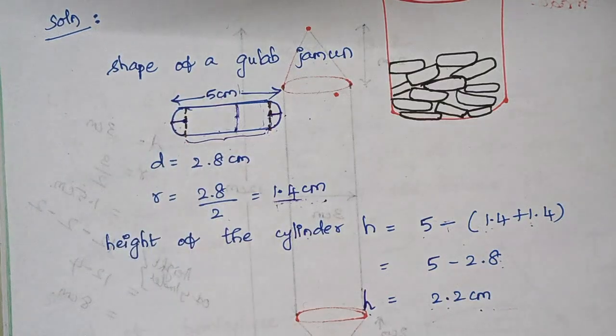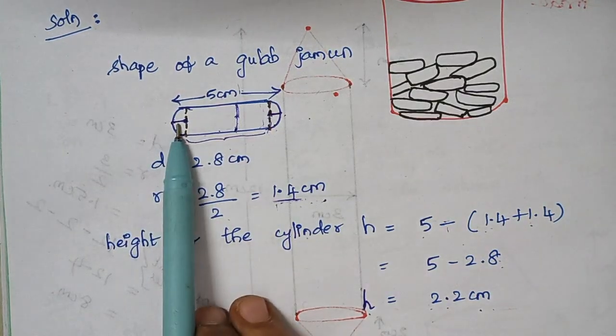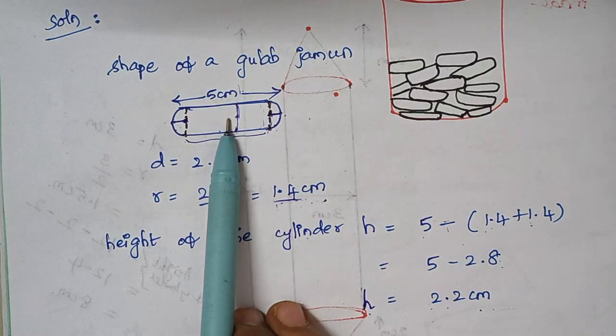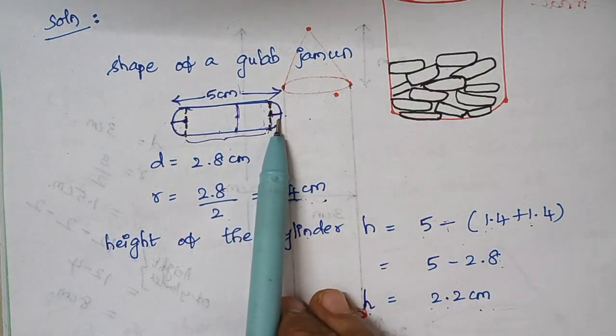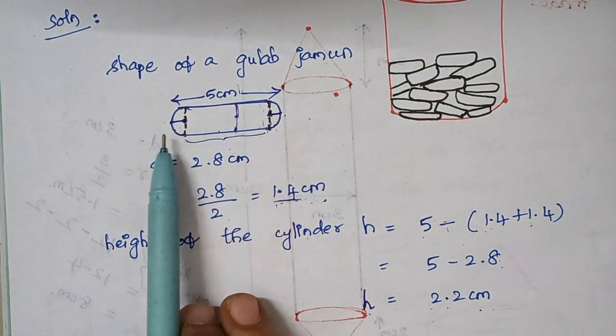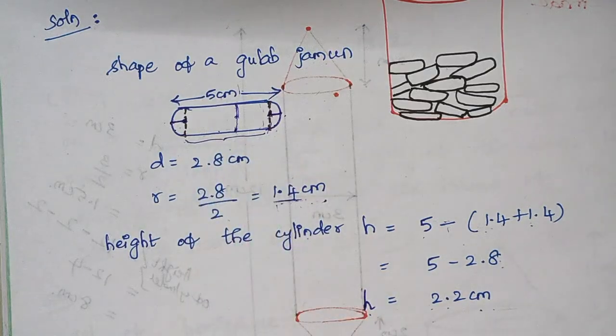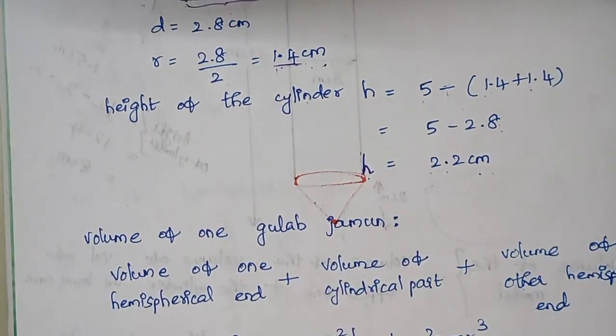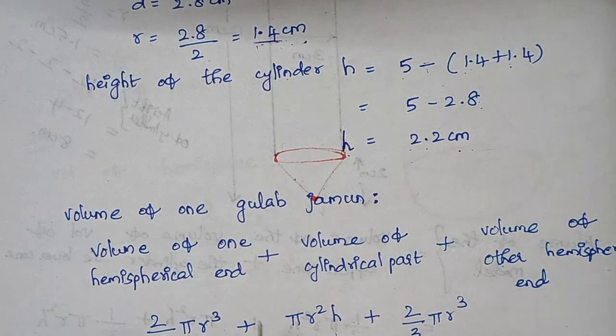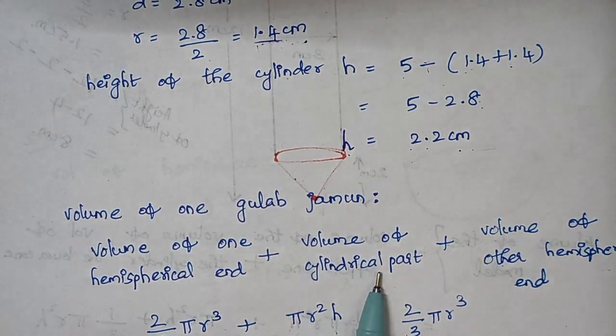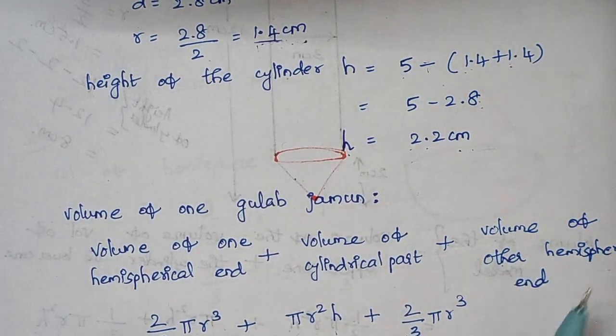So we have to find the volume of this hemisphere, the volume of this cylinder, and the volume of this other hemisphere, and add all these volumes to calculate the volume of 1 gulab jamun. So the formula is: volume of one hemispherical end, plus volume of the cylinder, plus volume of the other hemispherical end.